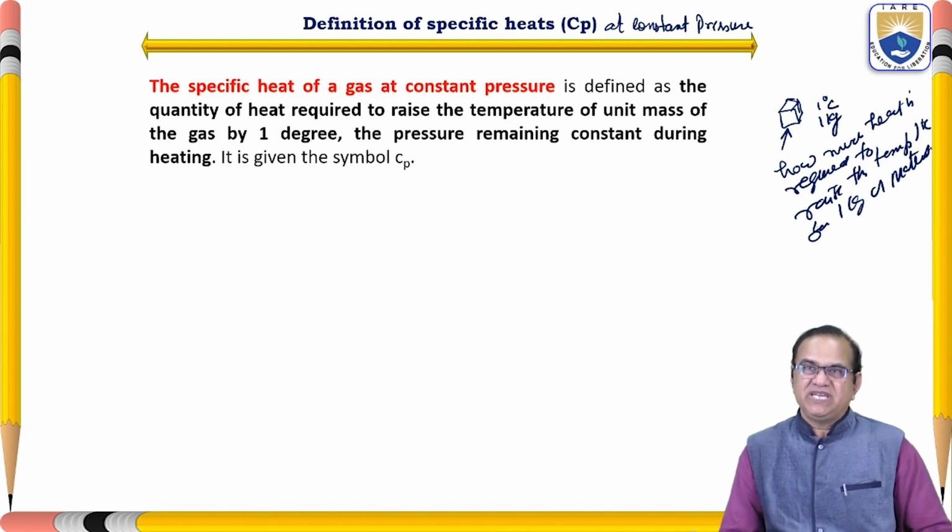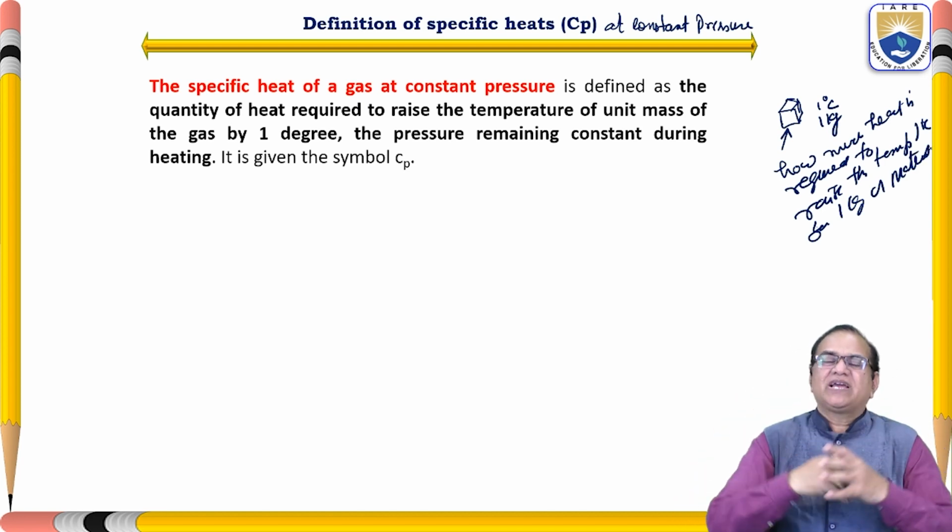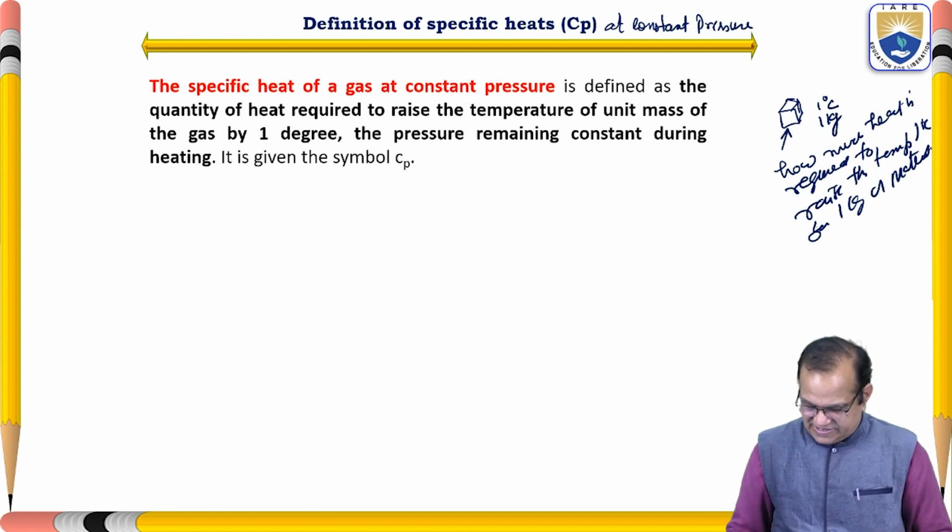That is called the Cp. It gives the heat holding capacity of the system for a gas.